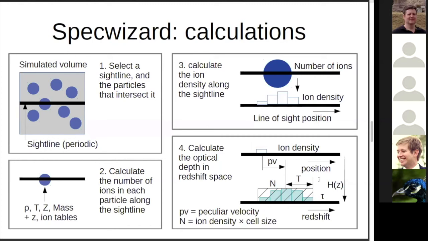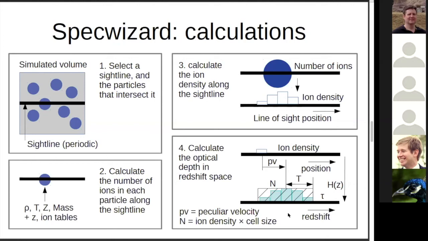So this is pure thermal broadening, although for a large gas particle, the Hubble flow broadening along the line of sight is accounted for in the previous step. So what this gets you is a so-called short spectrum. It's a function of redshift or of line-of-sight velocity that gives you the optical depth for a single transition for a single ion. You can do this for a number of ions and a number of sightlines in one go.